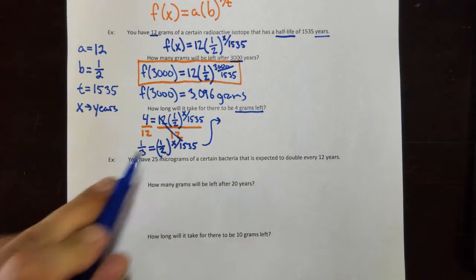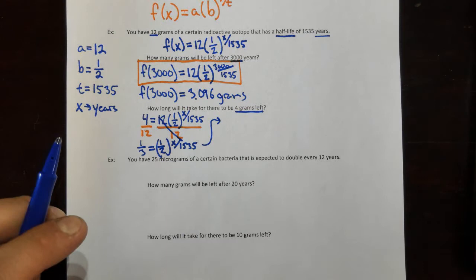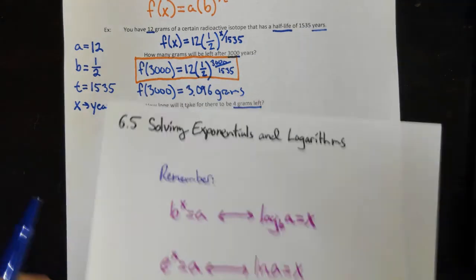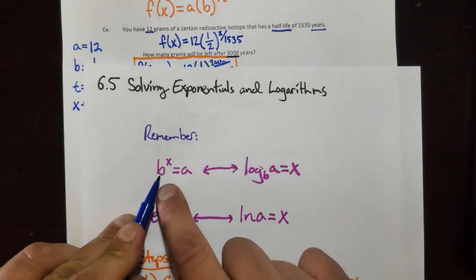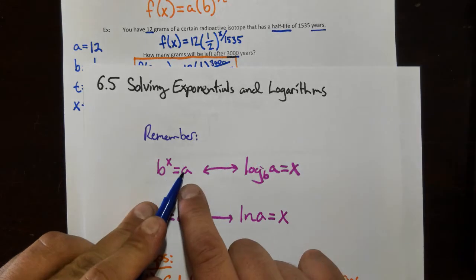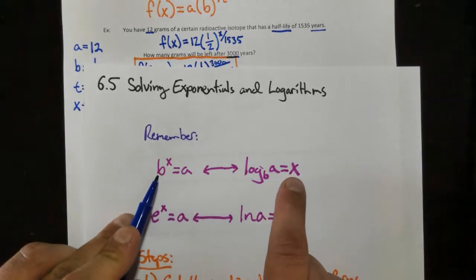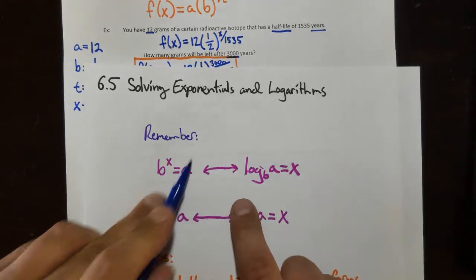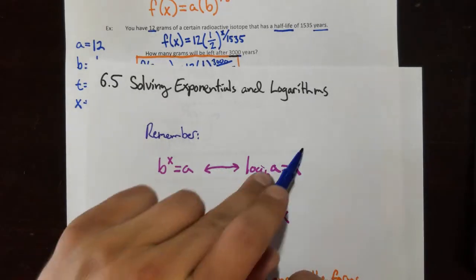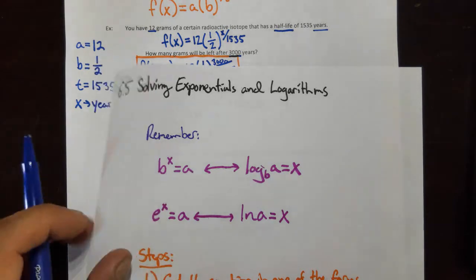So if we recall here, the base to the x is equal to a is the same as log base b of a equals x. So let's convert from this exponential form to this logarithmic form.